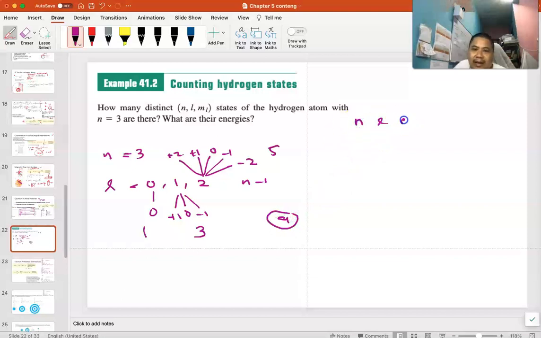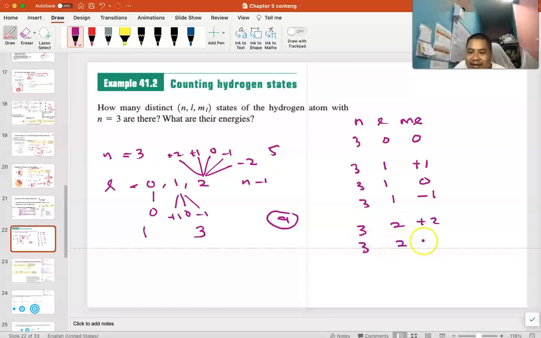Jadi kalau kita buat N, L, ML, kita boleh susun. 3, 0, 0. 3, 1, positif 1. 3, 1, 0. 3, 1, negatif 1. 3, 2, positif 2. 3, 2, positif 1. 3, 2, 0. 3, 2, negatif 1. 3, 2, negatif 2. Okay, so ada berapa ni? 1, 2, 3, 4, 5, 6, 7, 8, 9.